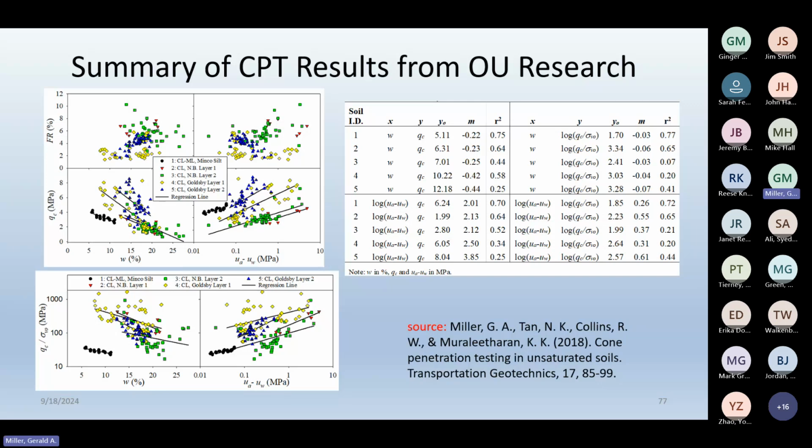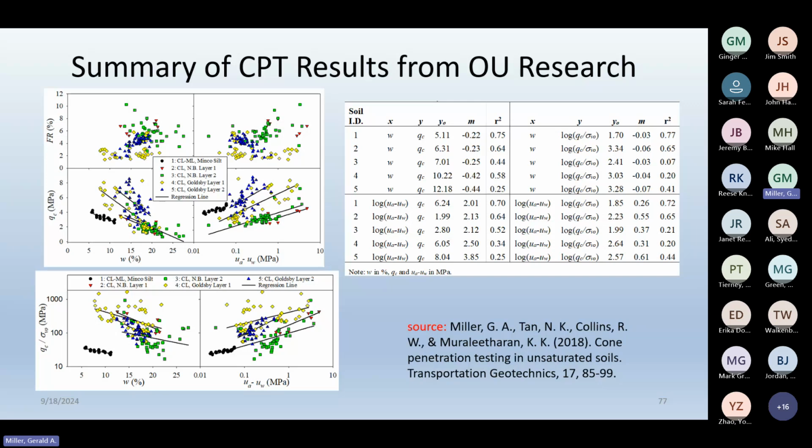The first thing you notice is that there is a lot of scatter in the friction ratio data. Some consistency in trends, but there is a lot of scatter. But when we look at tip resistance, there seems to be a very strong correlation between water content and tip resistance, or suction and tip resistance.